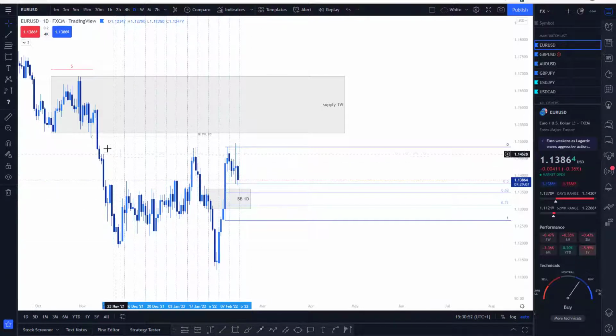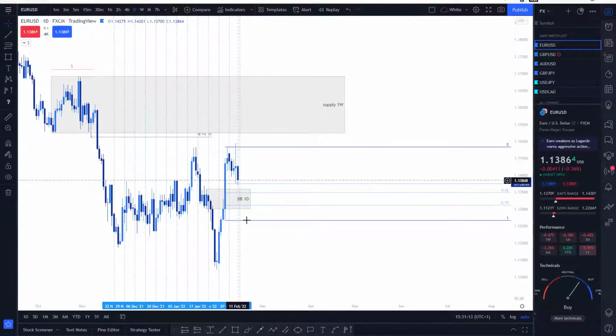There's still imbalance left open, and there is this weekly supply zone here. And yeah, as I said, if this block here holds, then we could see more bullish action.